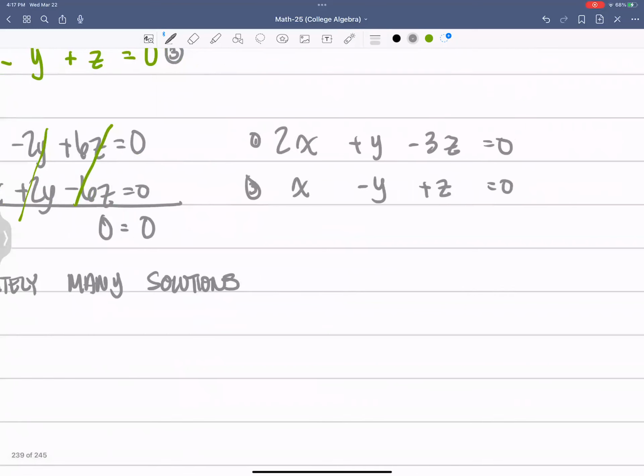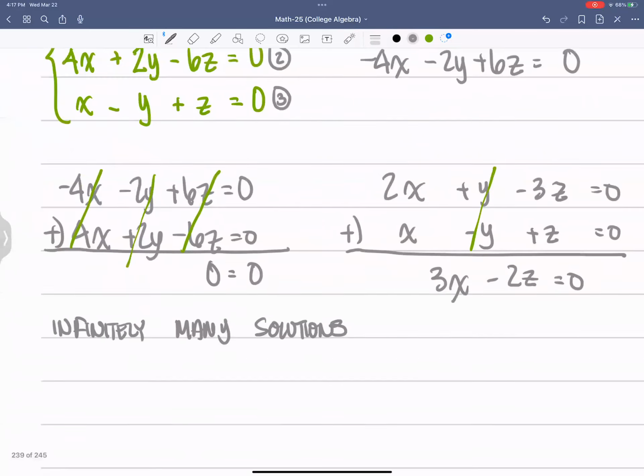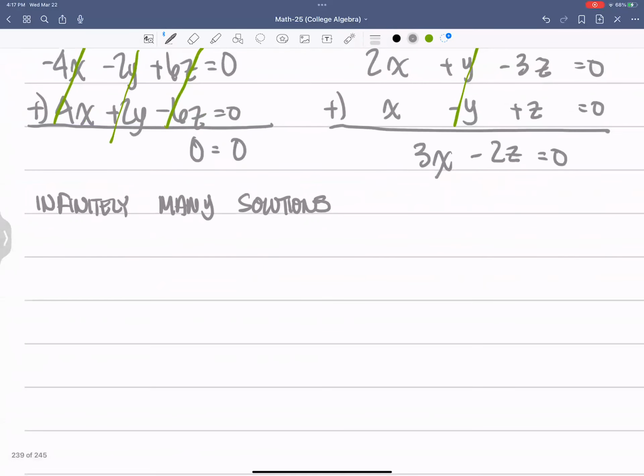Adding those two equations together, 2 plus 1 is 3x, our y's are eliminated, and z is going to be -2z. 0 plus 0 is 0. So y ends up being eliminated.